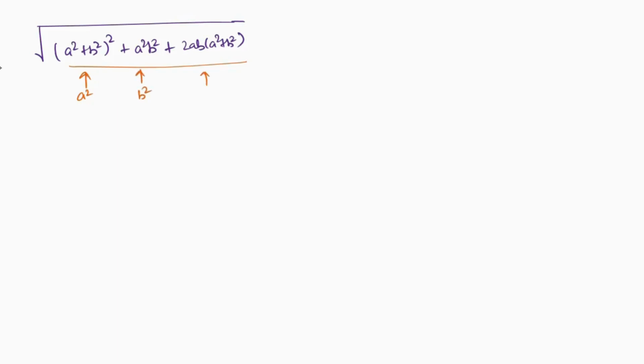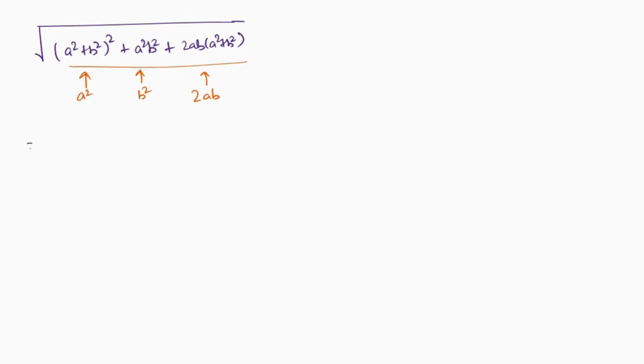So our expression becomes (a square plus b square) whole square plus a square b square plus 2ab times (a square plus b square). Now this can be treated as a square, this term as b square, and this term as 2ab.